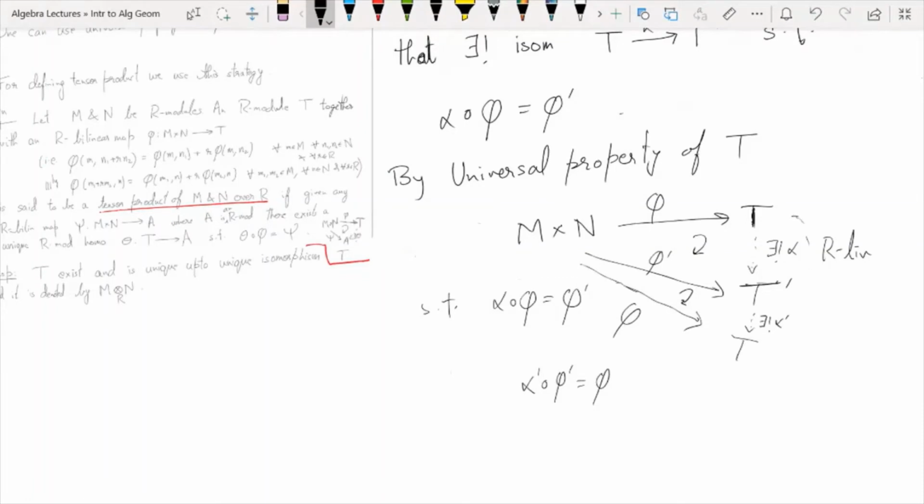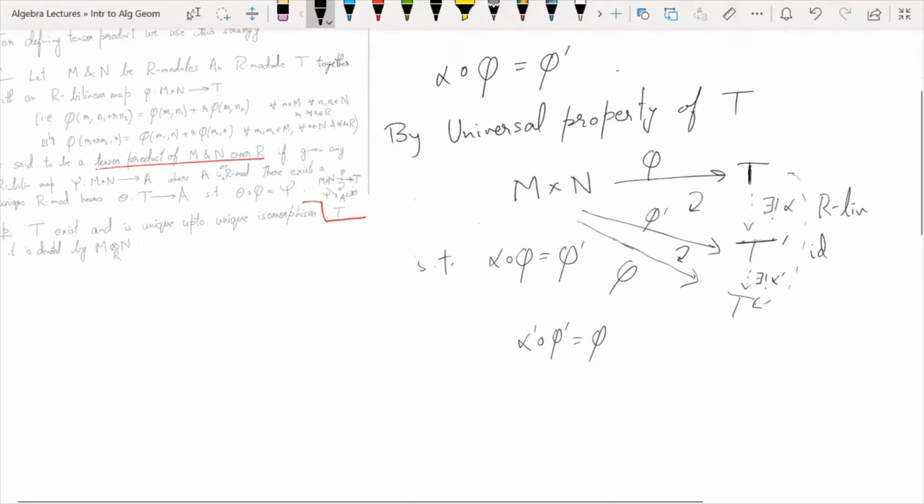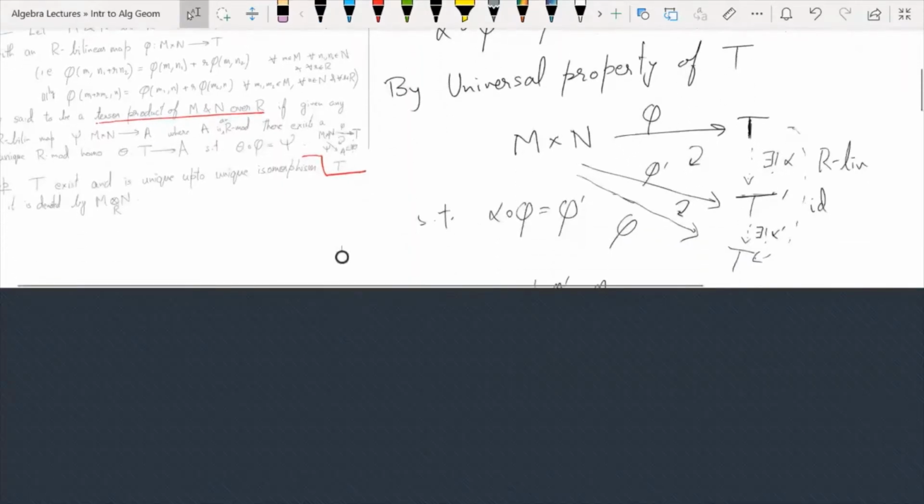Now, there is another map from T to T itself. So there are two maps. One is alpha followed by alpha prime, and the other map is the identity map. And what do they have in common?